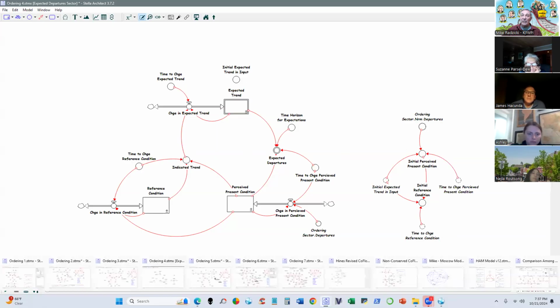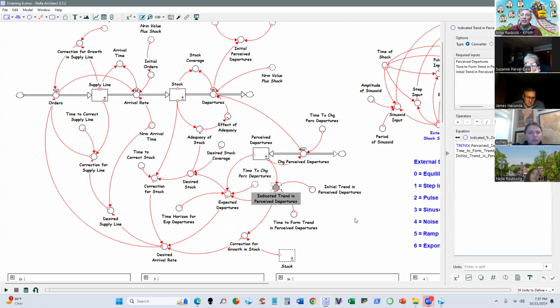Instead of doing that, you have a canned function in Stella and Vensim. So it's finding the trend in the perceived departures. Then using the trend and the perceived departures, you form your expectations.